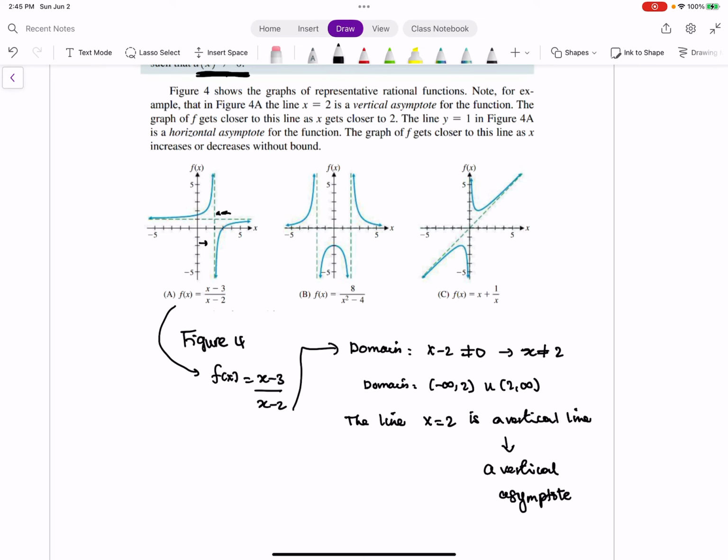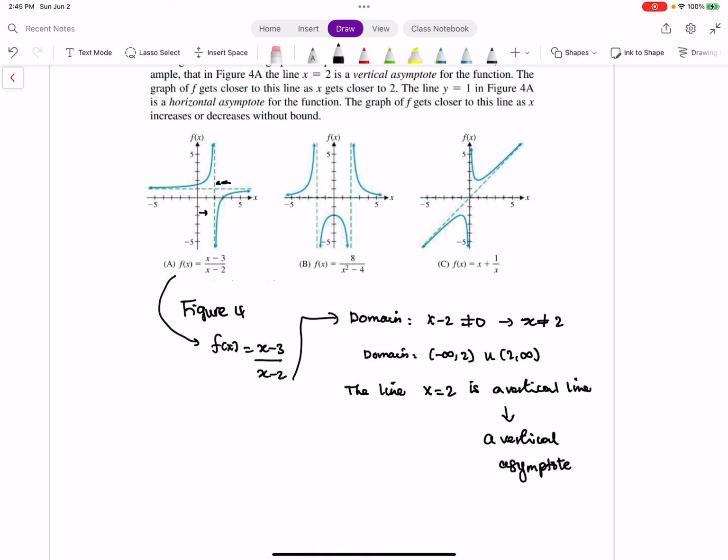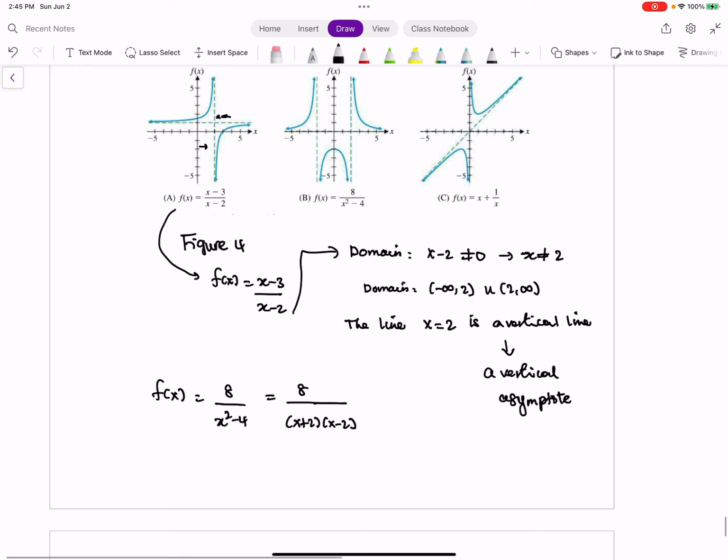If you look at the second one, f of x is equal to 8 over x squared minus 4. The bottom one you can write in the form x plus 2 times x minus 2. Then the domain is: x should be different from negative 2, and x should be different from positive 2. But you have to write it in interval notation.